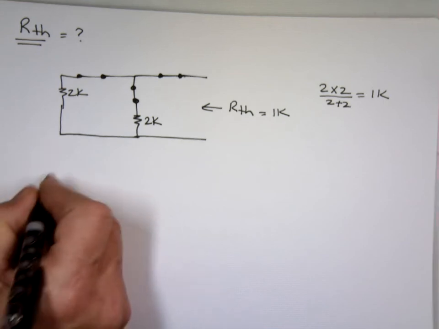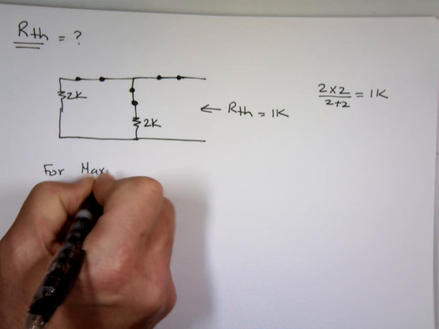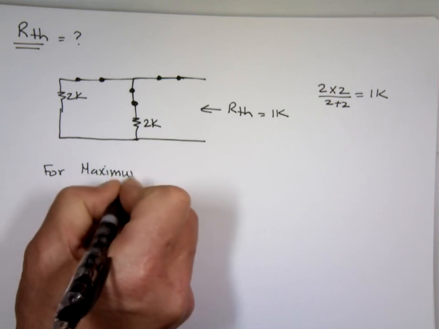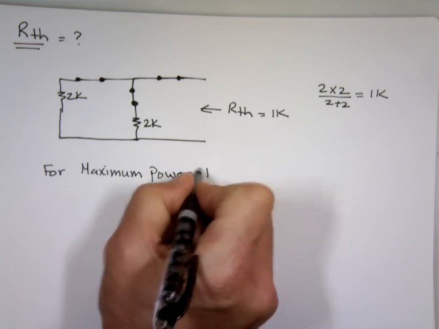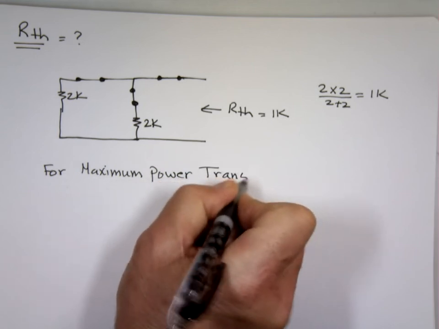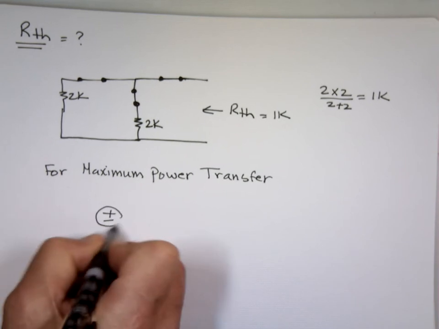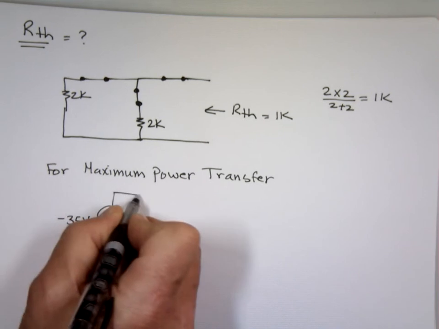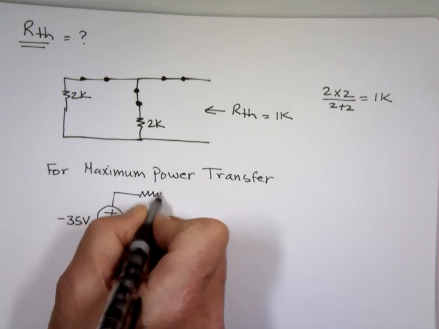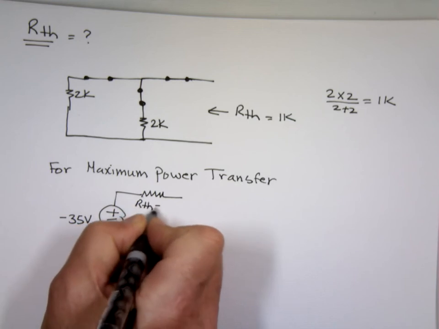So for maximum power transfer, you want the source here, V Thevenin, which is what? Negative 35 volts. This is R Thevenin, which is what? 1K.